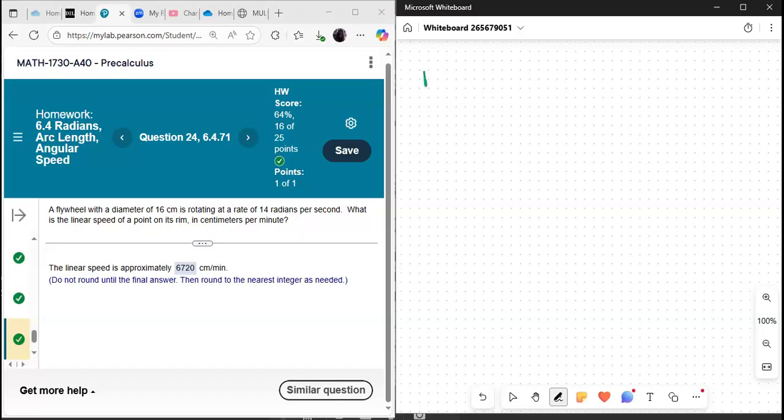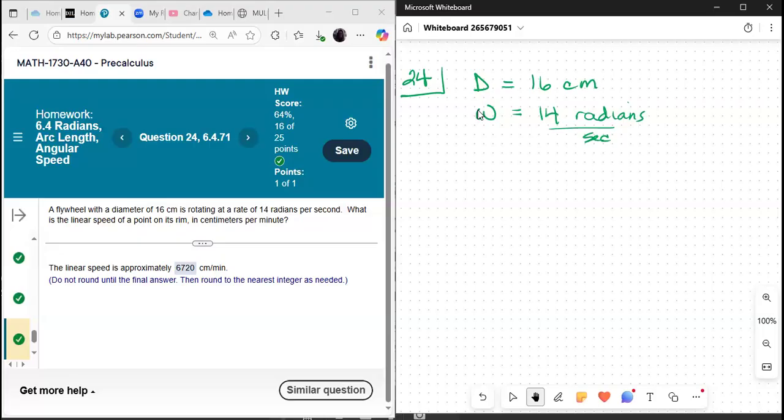Okay, so the diameter is equal to 16 centimeters. It is rotating at a rate of 14 radians per second. So our angular speed is 14 radians per second.